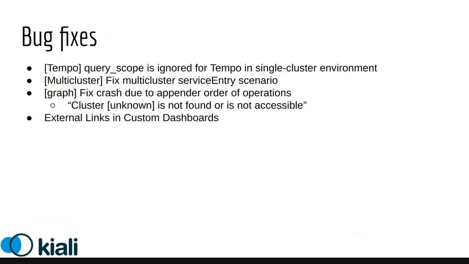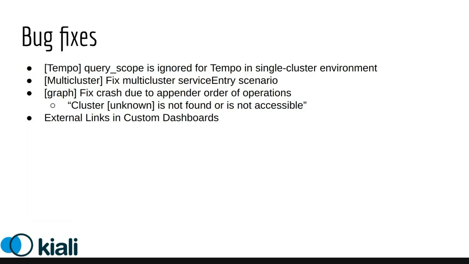And about bug fixes, one is related to Tempo as the distributed tracing. There was a bug that ignored the query scope in a single cluster environment. So we have fixed that, so we are able to scope our queries based on this field and the value specified in the configuration.